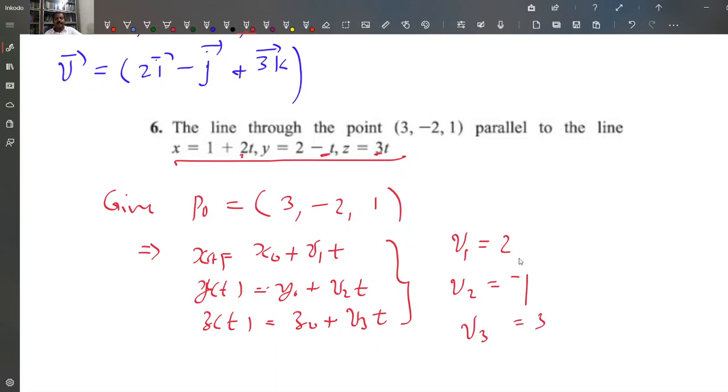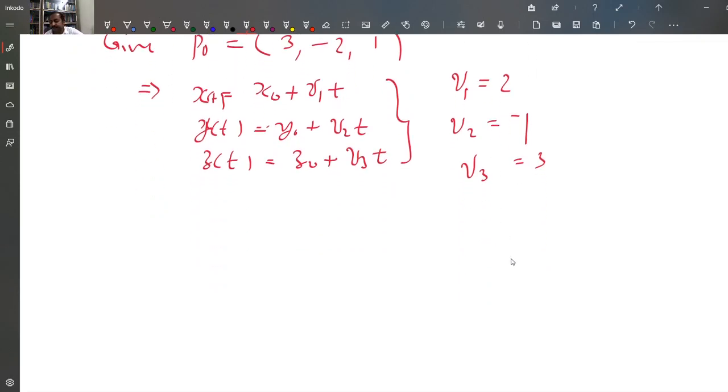So this is the required vector, which is actually parallel to the line that we are going to construct.